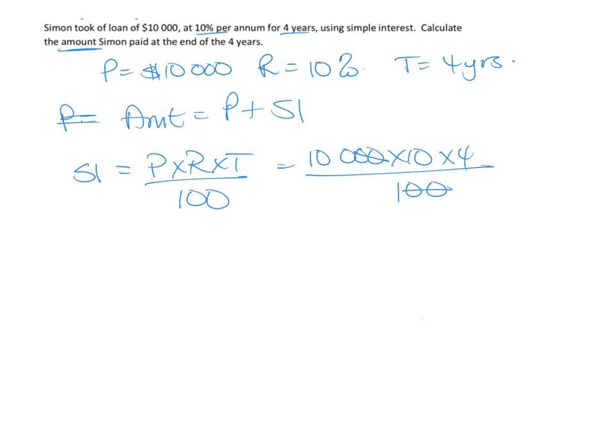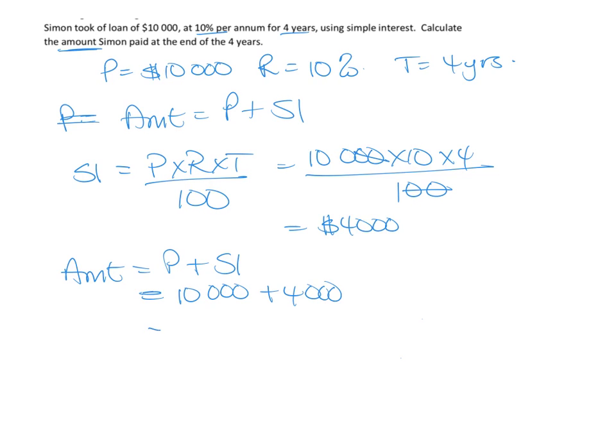So that gives us $4,000 in simple interest. So therefore the amount is equal to the principal plus the simple interest, which will give us 10,000 plus 4,000, which gives us $14,000.